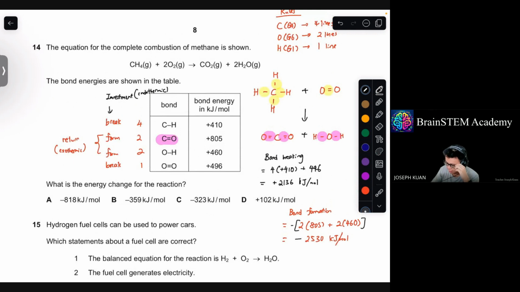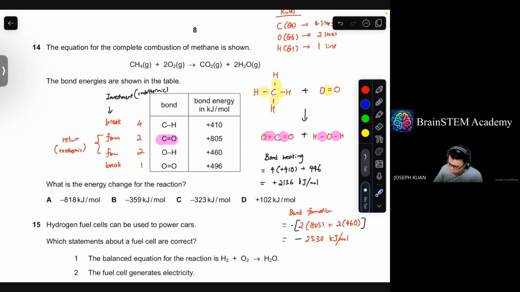Okay, so see this fraction, right? The investment is 2136. The return is 2530, which means that it's a good investment. It gives you back energy. Okay, so how much does it give you as a net?